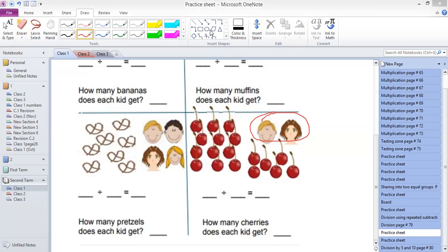First, check. 1, 2, 3, 4, 5, 6, 7, 8, 9, 10, 11, 12, 13, 14, 15, 16, 17, 18. 18. So what should I write here? 18. Okay, and divided by 2.